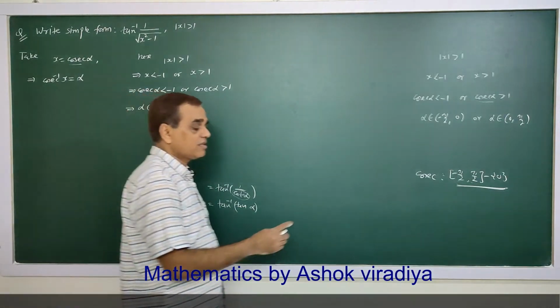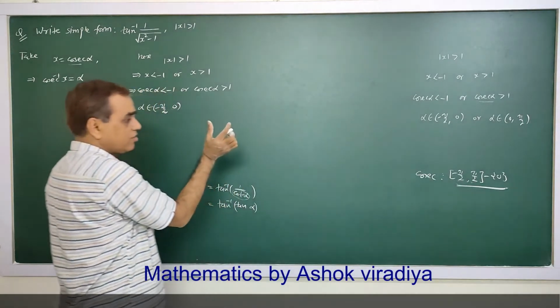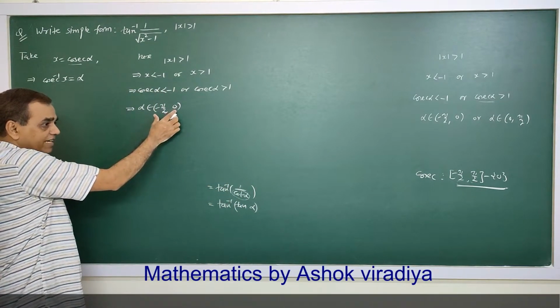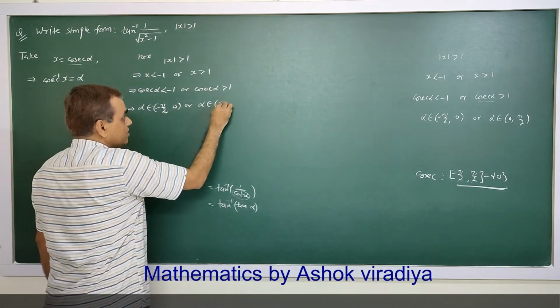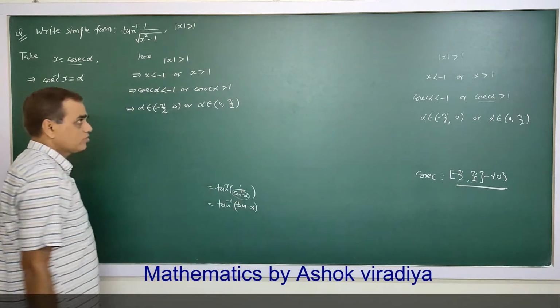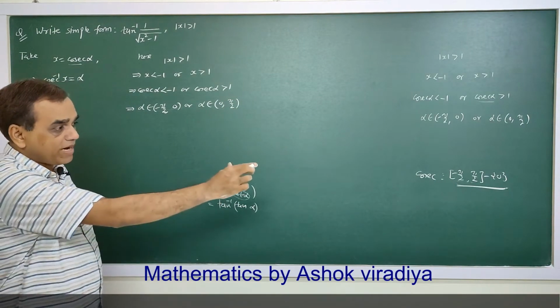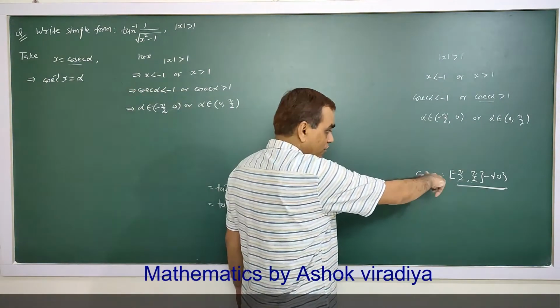Take a subset of its domain. From this domain, this subset represents the fourth quadrant, or alpha belongs to 0 to pi by 2. Everything we are writing is with the help of its domain, so take only part of the domain.